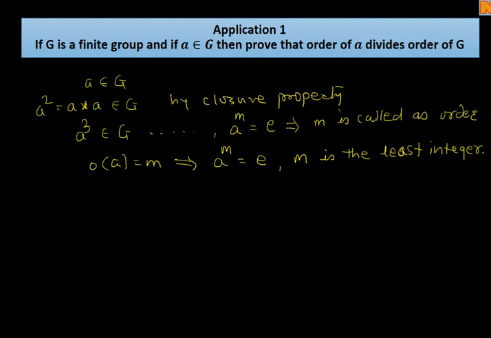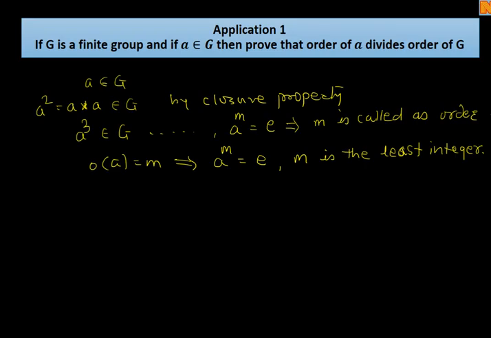Now let us start the proof of this application. So what is the application? The statement is: if G is a finite group, that means the number of elements in G is finite, suppose n. So let, in the proof, order of G be equal to n, and let us suppose order of A is equal to m.